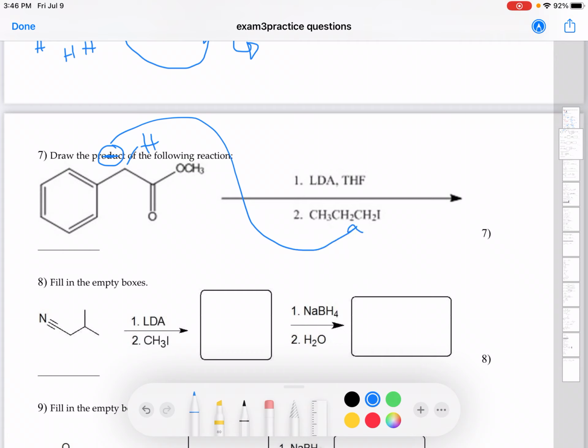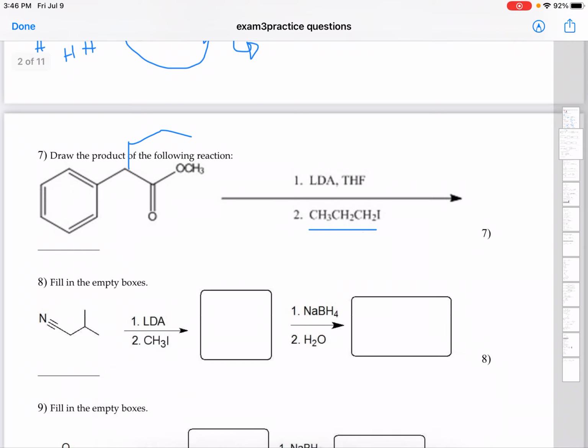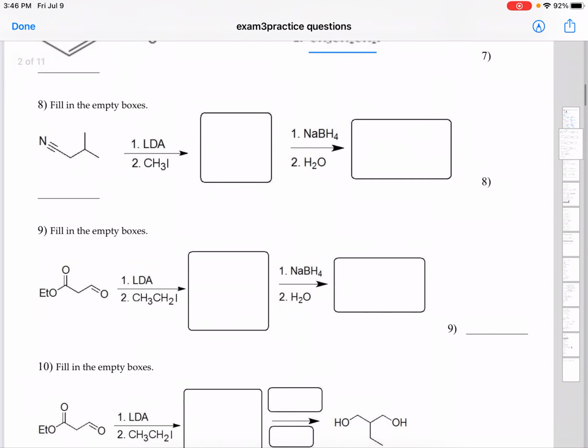So once it reacts with propyl iodide, the propyl group will be added at that carbanion, which is the alpha carbon. So your product would be, therefore, the propyl group will be added over here. 1, 2, 3, like that. Okay.